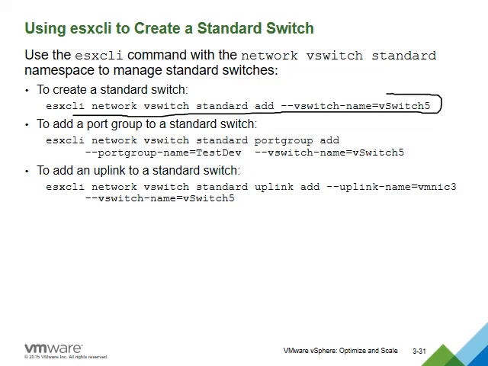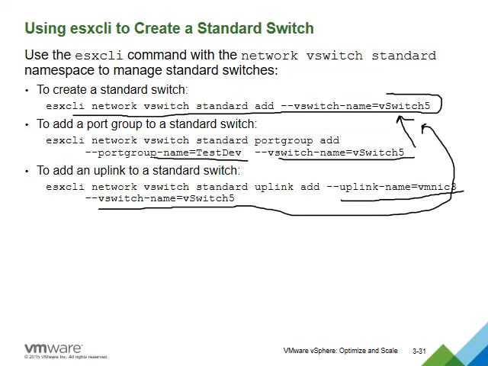To add a port group, you give it the network vswitch standard portgroup add command with the port group name test-dev, which is right here, and your vSwitch name, vSwitch5, which goes back to here. Then you'll want to add the uplink to the standard switch, and that uplink is your vmnic3 to your vSwitch name, vSwitch5, which comes back up here to where you created your standard switch.